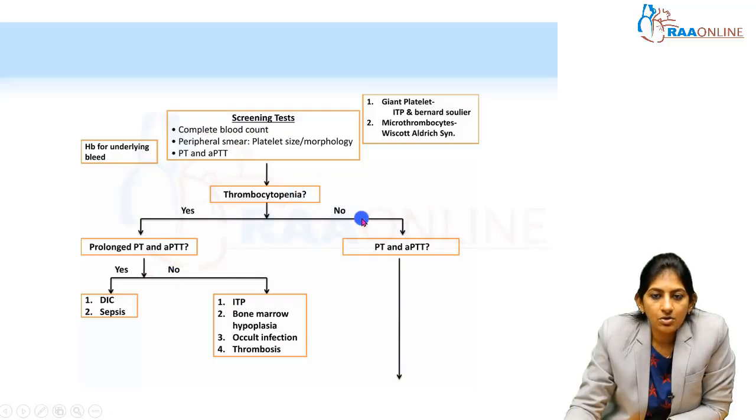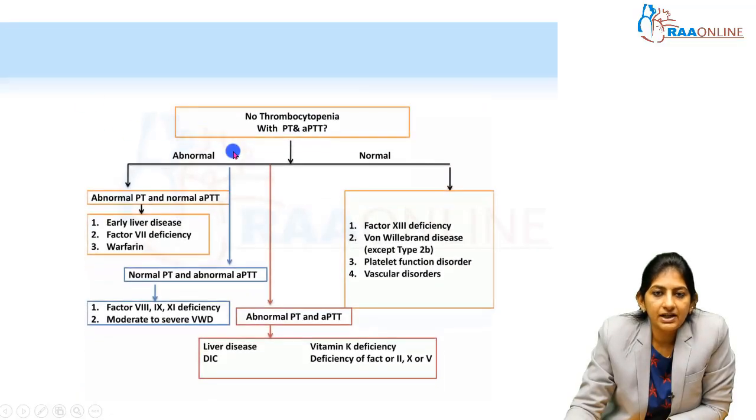If there is no thrombocytopenia and you have done a PT and APTT, no thrombocytopenia with coagulation factor abnormalities, you see which is abnormal. PT is abnormal or APTT is abnormal. If PT, that is prothrombin time alone, is abnormal, it is early liver disease, because in the late stages both PT and APTT will be abnormal.